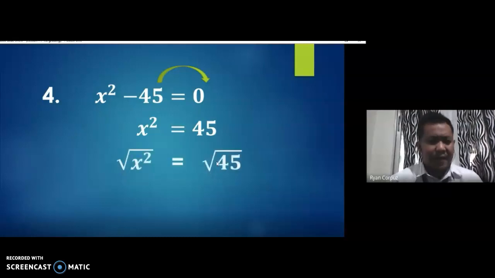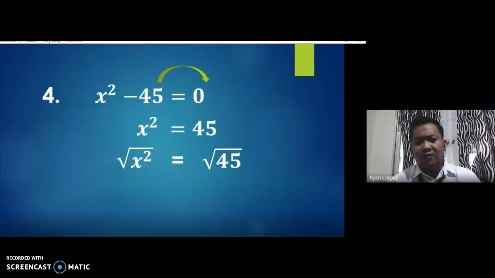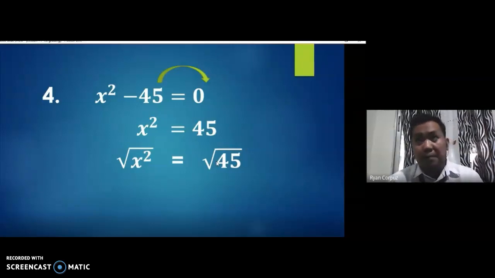Then the next step is that we are going to get the square root of both sides of the equation. On the left side, when we get the square root of x squared, the answer is x, you know that because it's a perfect square. But on the right side, it's 45. There's no number that when you multiply that number to itself, the answer is 45.